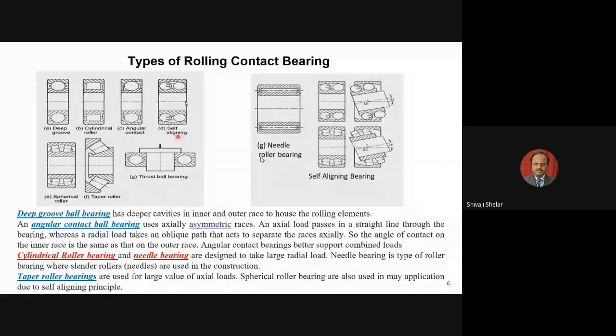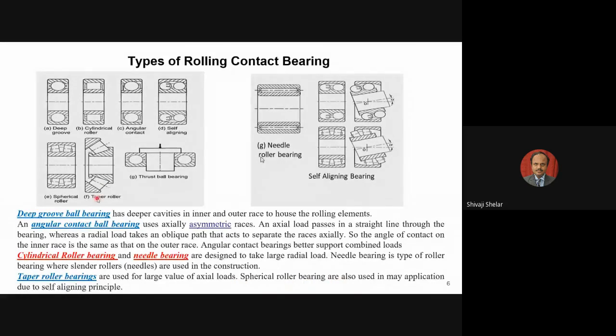Then cylindrical roller bearing, this part, and needle bearing, that is this part, are designed to take large amounts of radial load. Needle bearing is a type of roller bearing where slender rollers, that is needles, are used in the construction. So these are the slender rollers, with L by D ratio greater than 4 or 5. Taper roller bearings, that is these, are used for large values of axial load.